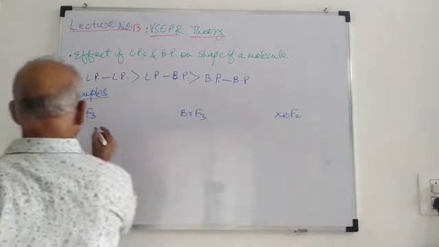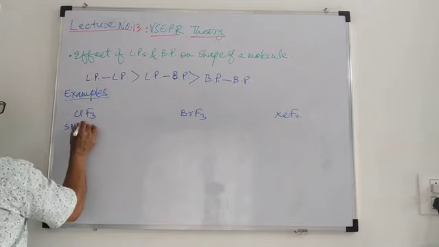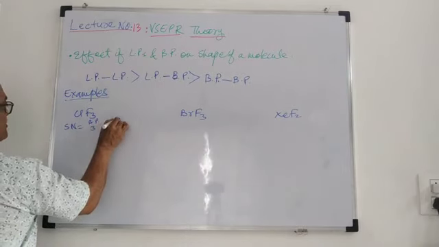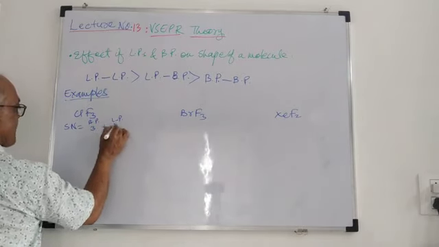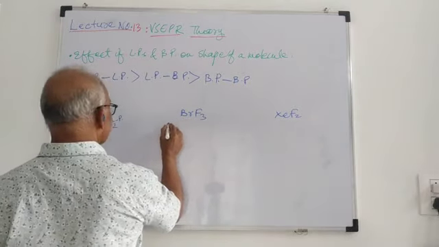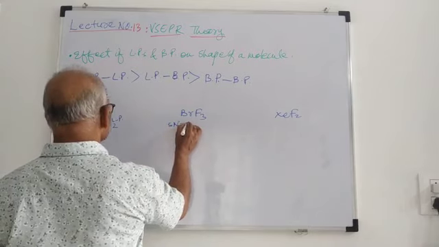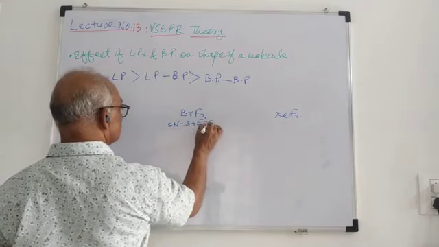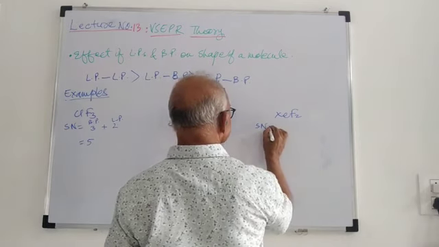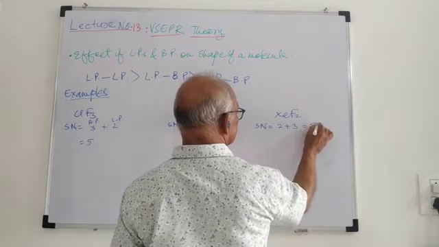Here you will have steric number: 3 fluorines, means bond pairs 3 plus lone pairs 2, making 5. In this case also it is the same, that is steric number 3 plus 2 is equal to 5. Here also steric number is 2 plus 3 is equal to 5.